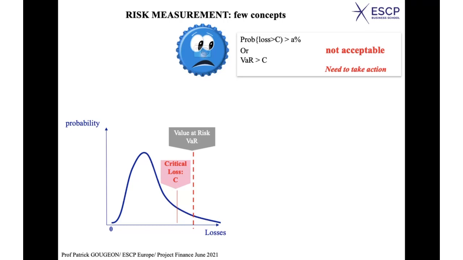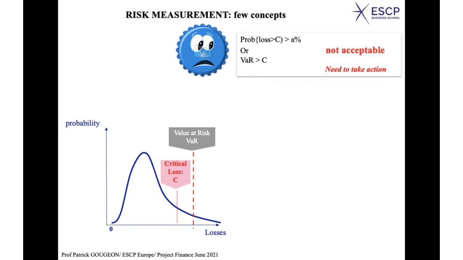Those who are in charge might identify the most sensitive parameters and try, through hedging or any mitigation process through contracting, maybe, to find a way to change the risk exposure. Changing the risk exposure means changing the distribution of possible losses.